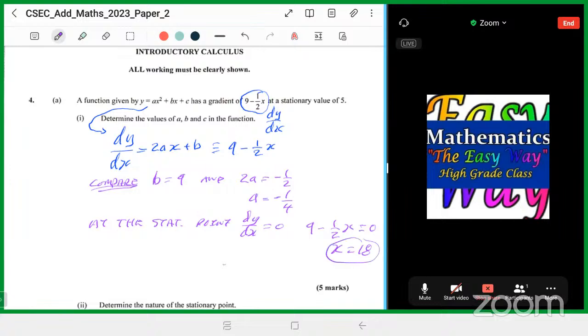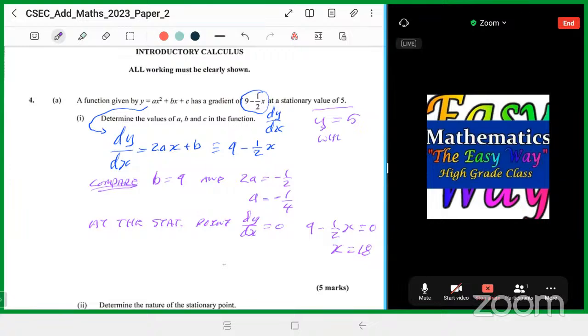When x is 18 at the stationary point, the y value is 5. That becomes the stationary point. Now we have the a and the b to substitute in this function. 18, 5 is a point. But this is a stationary value, so basically this is the value of y equals 5 when x equals 18.